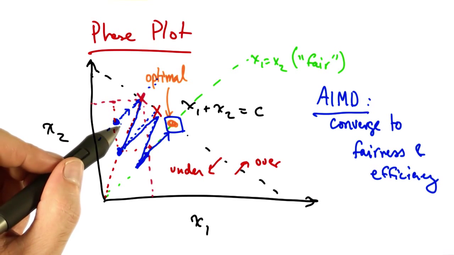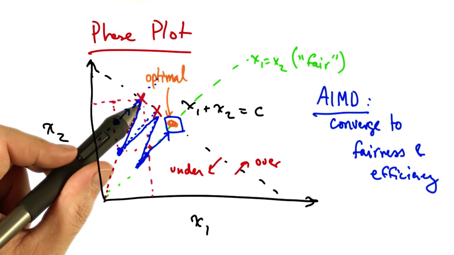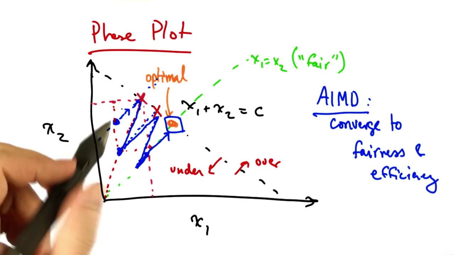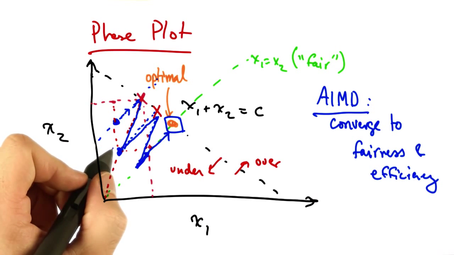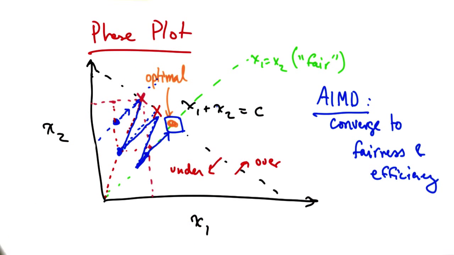To think about this a bit more, you can see that every time additive increase is applied, that increases efficiency. Every time multiplicative decrease is applied, that improves fairness, because every time we apply multiplicative decrease, we get closer to this x1 equals x2 line.